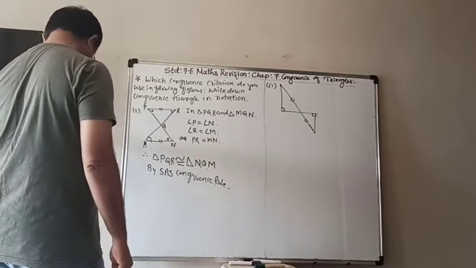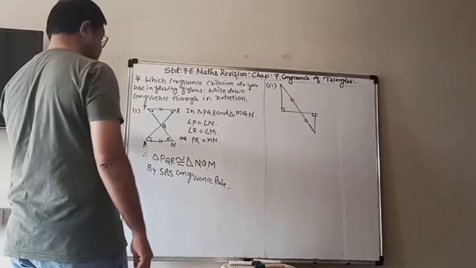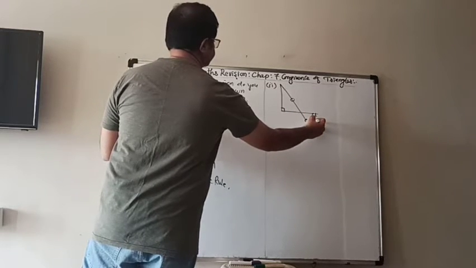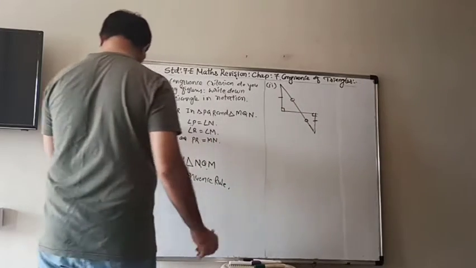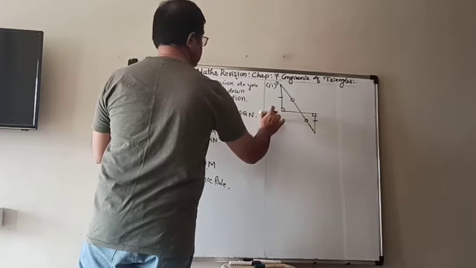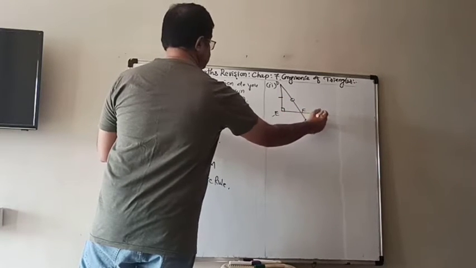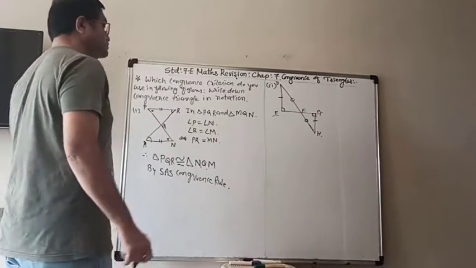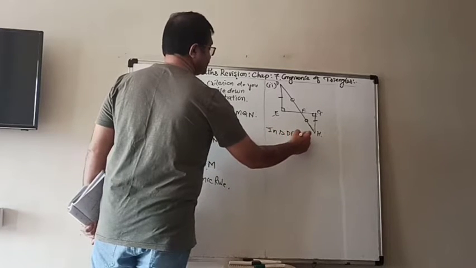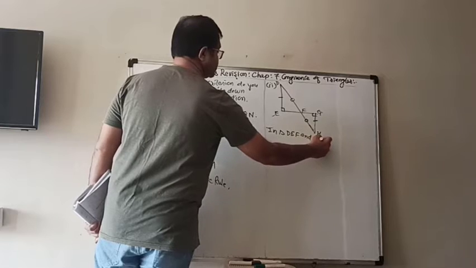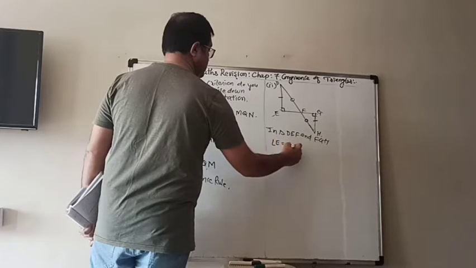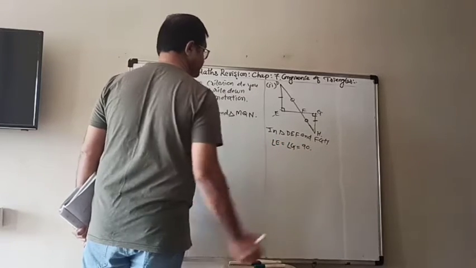Those two sides are given like that, and one side, another one. D, E, F, G, H. So here in triangle DEF and FGH, angle E and G are right angles. So angle E is equal to angle G is 90 degrees.